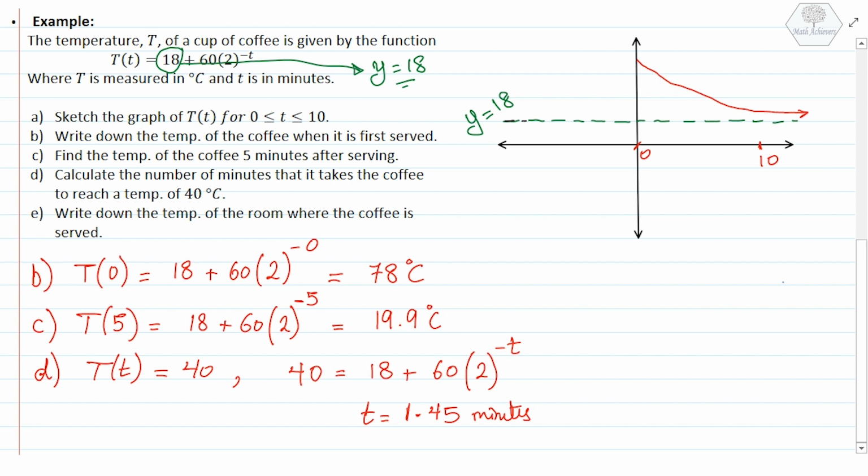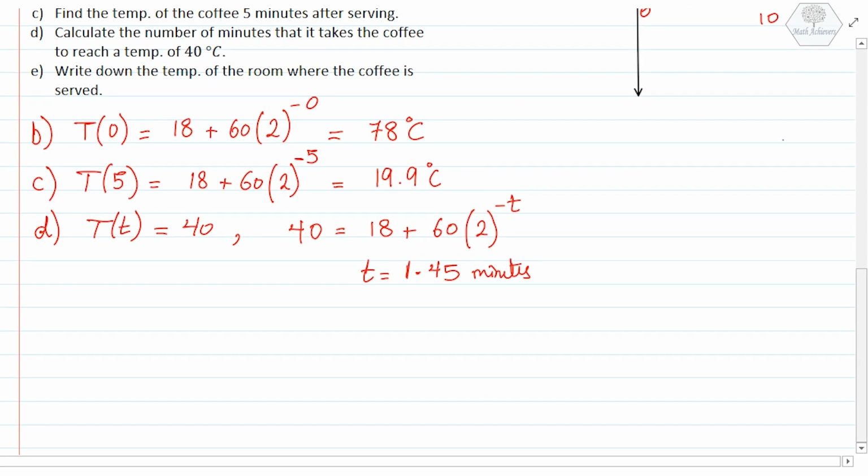It becomes equal to the temperature of the room after a very, very long time. And when I ask for a very, very long time, I go for the asymptotic behavior. So for a very, very long time, what does this function approach? It will approach the value of the asymptote.